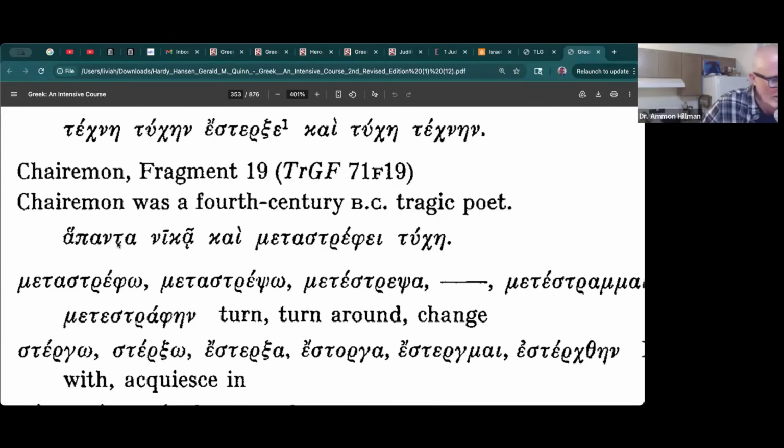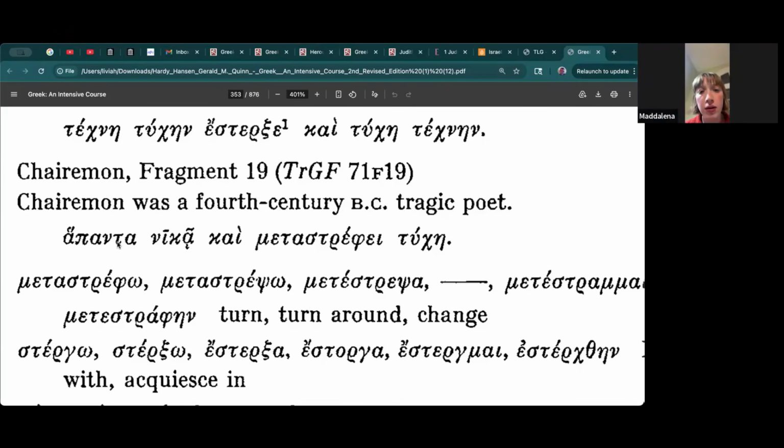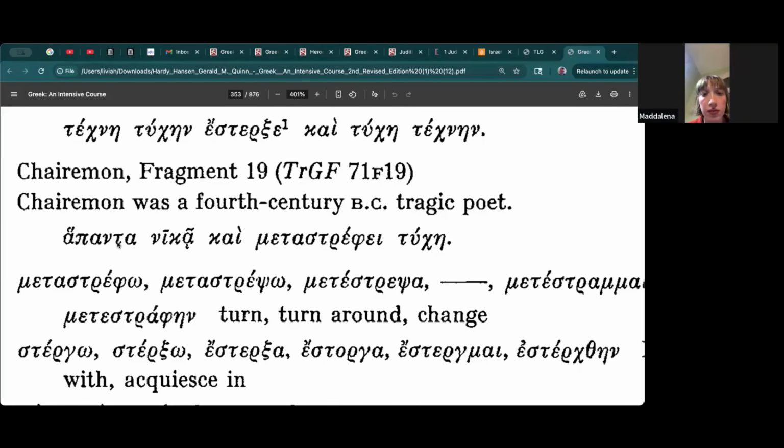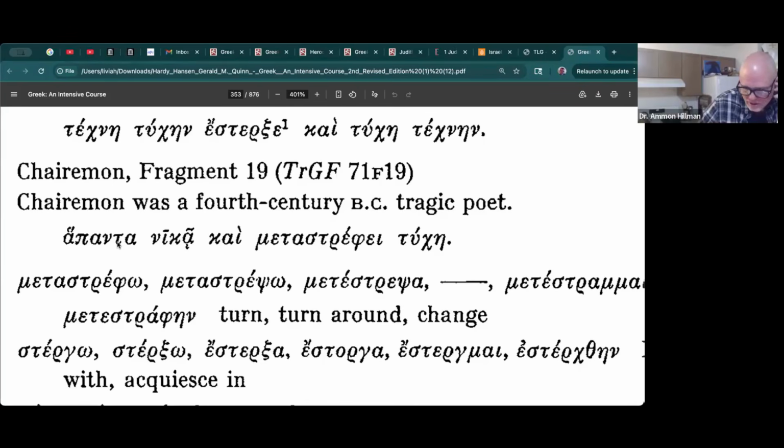Nika, with that little iota subscript. Yeah, it's from nikao, so it's nika plus a. So it's third person singular present, just like metastrephe. Same subject.